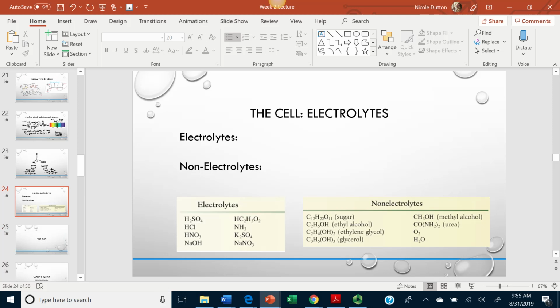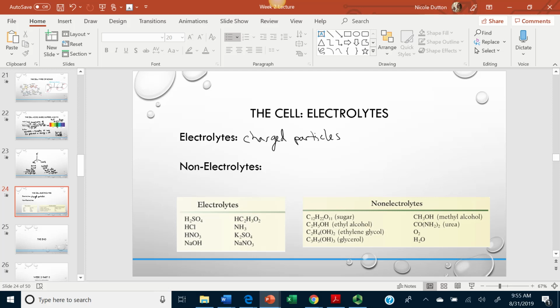So the last topic that I'm going to talk about for this section is electrolytes. Electrolytes have a charge. And they're going to help regulate the fluid balance in the body.